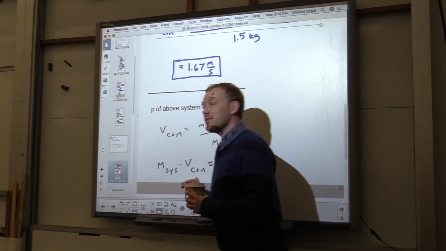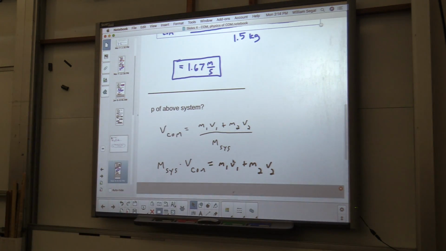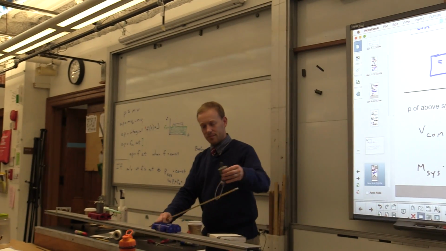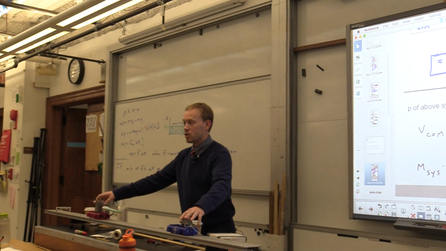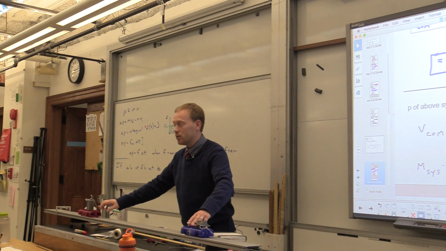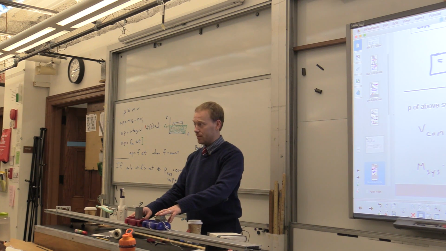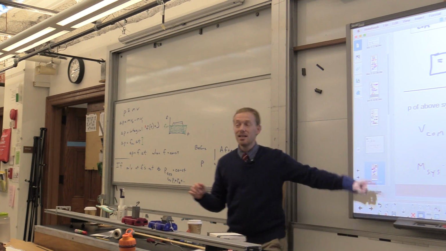Yeah, the center of mass velocity. So if you were to have a system of two carts and ascribe just one mass to them, it would be their combined mass. And if you were to ascribe just one velocity to them, it would be the velocity of the center of mass.